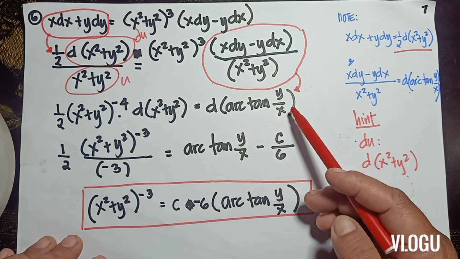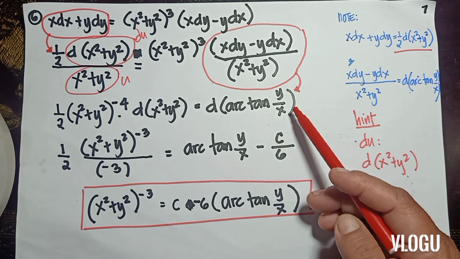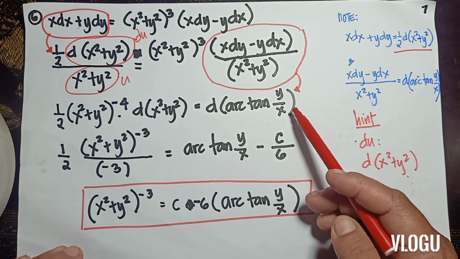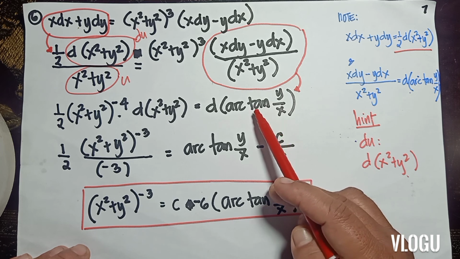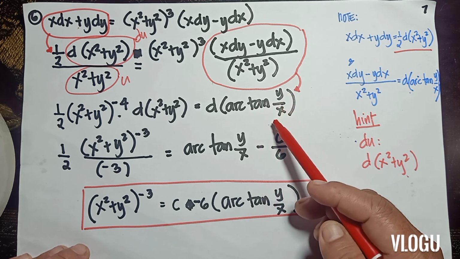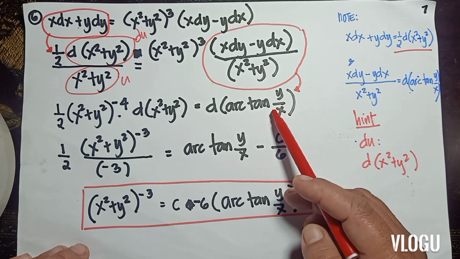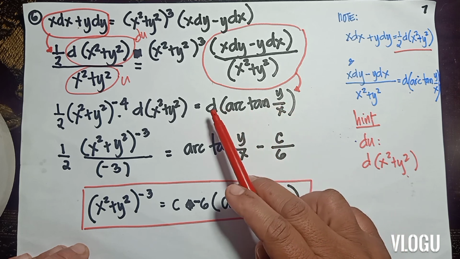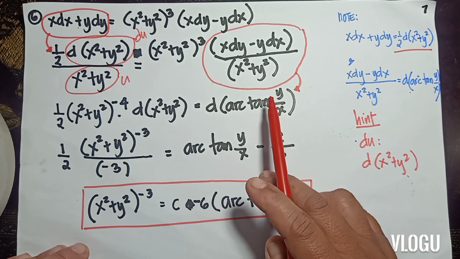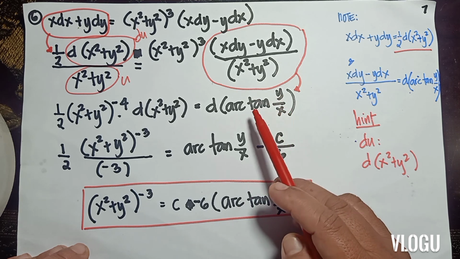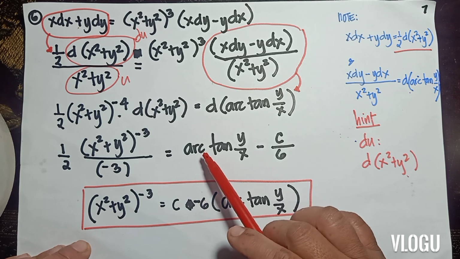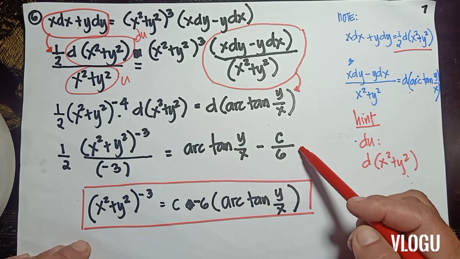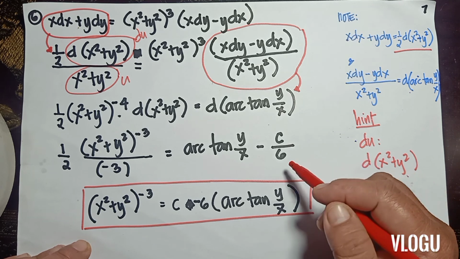This one, you will have, not derivative, the integral of d arctan y over x. So the integral of d arctan y over x, that is the integral of du. Your u is arctan y over x. So therefore, the integral of du, that is u. So your answer is arctan y over x minus, what is your LCD?